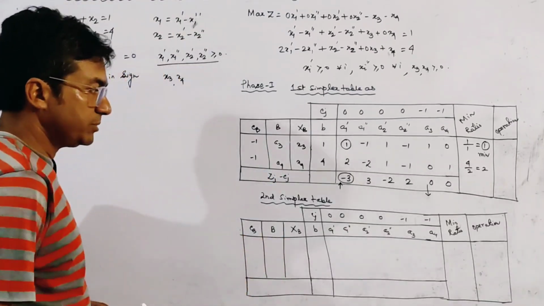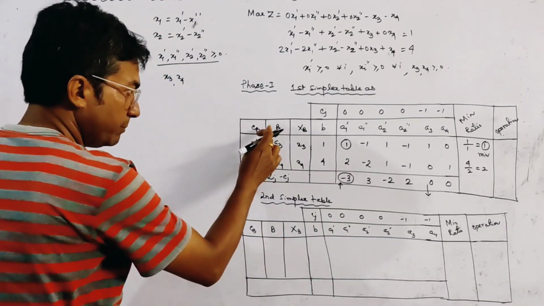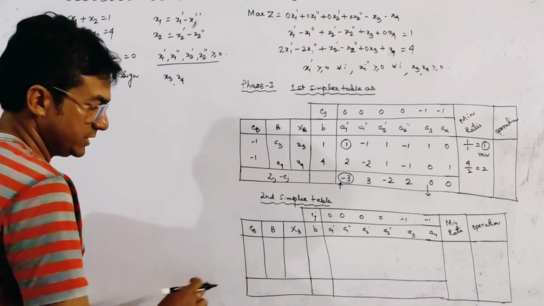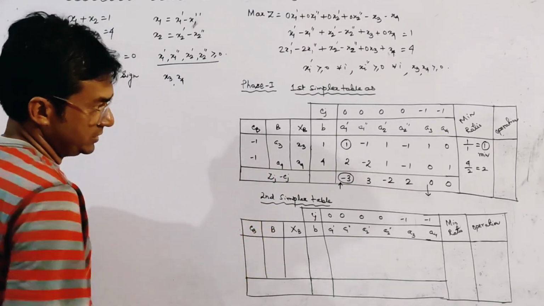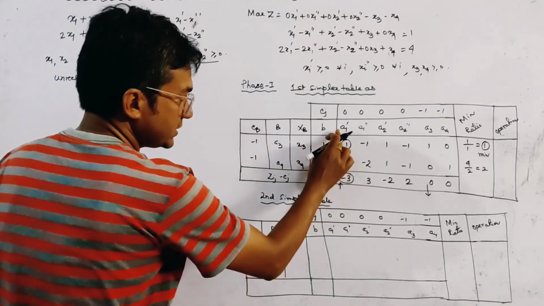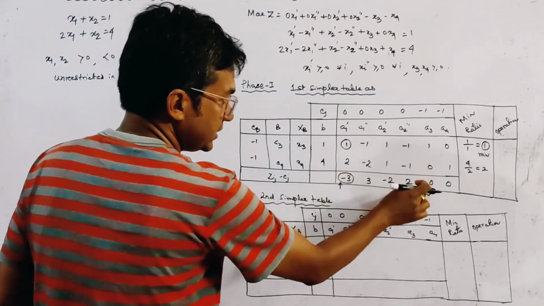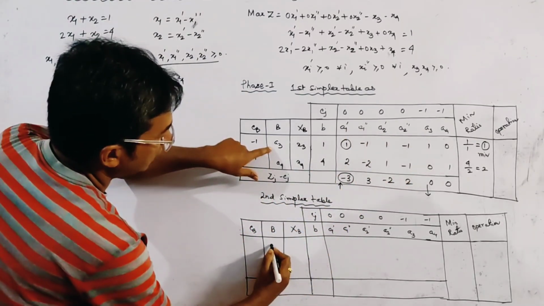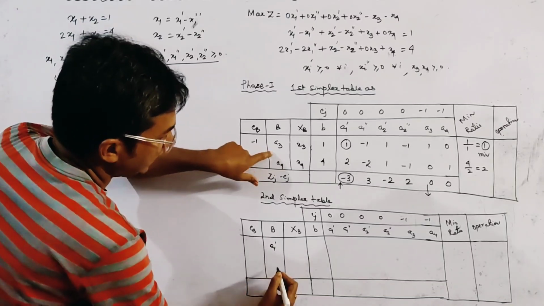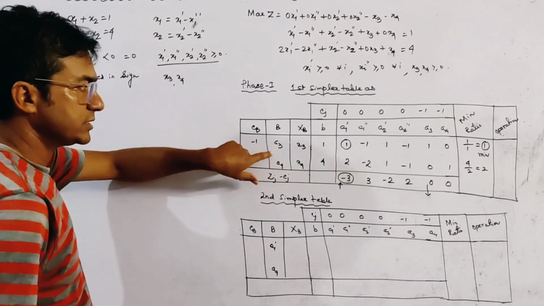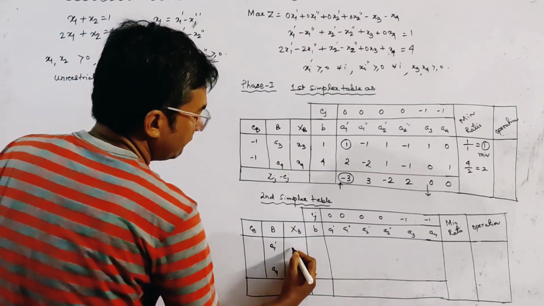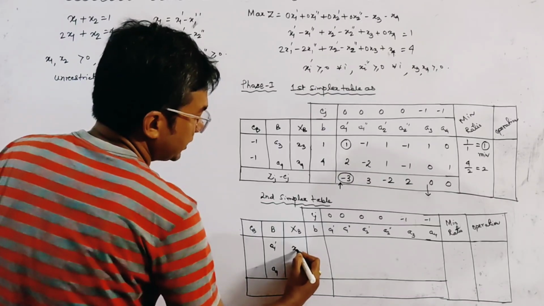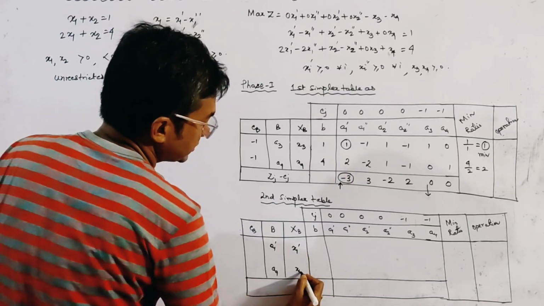In the second simplex table, we first fill the basis vectors. Here a1' is incoming and a3 is outgoing, so we replace a3 with a1', and a4 remains the same. The variables corresponding to the basic vectors are x1' and x4.